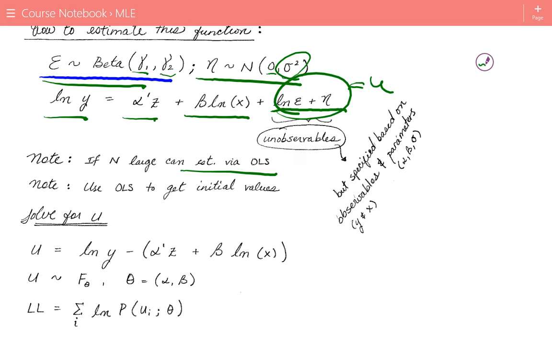And if we have a large enough sample size, this can be fine. If instead we want to pursue this by maximum likelihood, which if we can get the proper specification would make it an efficient estimator, we might still use OLS or a regression function to begin with in order to get the initial values to plug into our algorithm for maximizing the likelihood function or the log likelihood function.